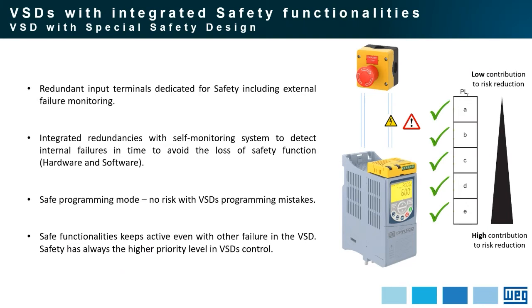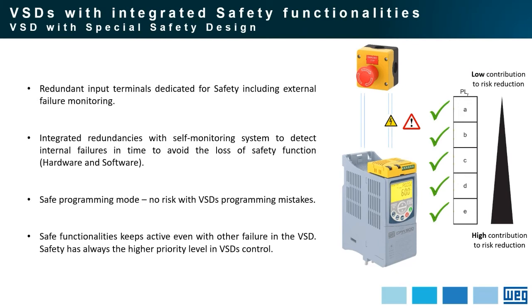The variable speed drive with safety functionality has also the safety programming mode. It means the parameters concerning safety have less risk of programming mistakes. If the user changes any other parameter of the variable speed drive, it will not switch off the safety functionalities.